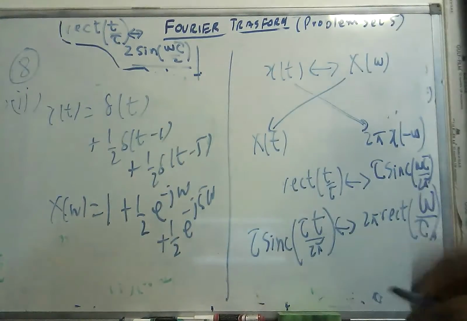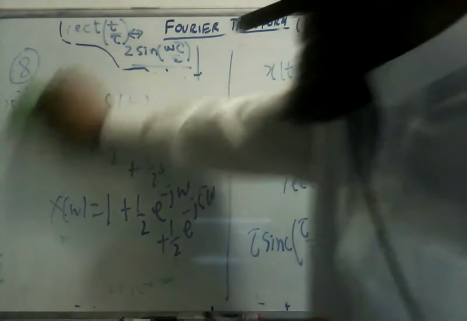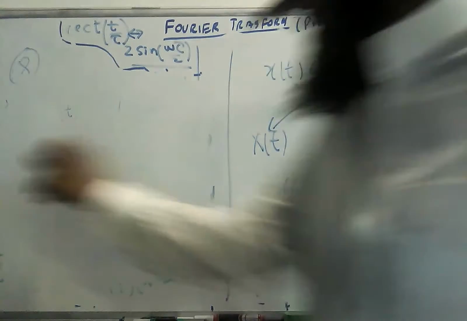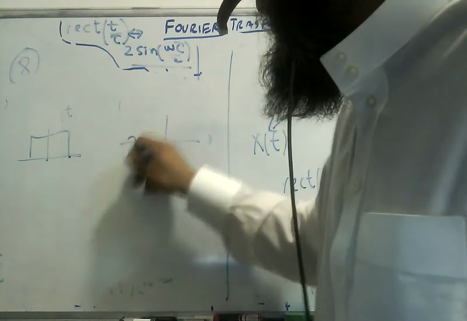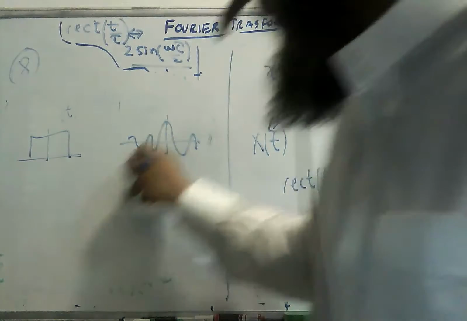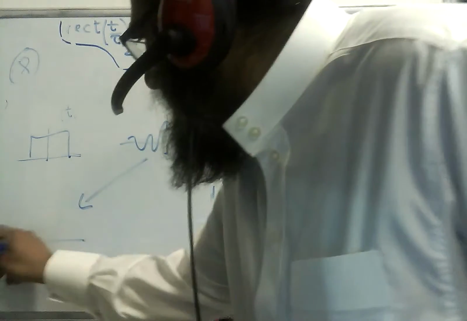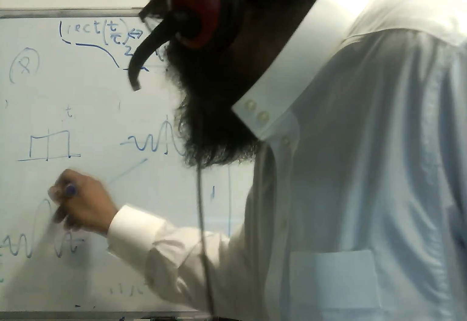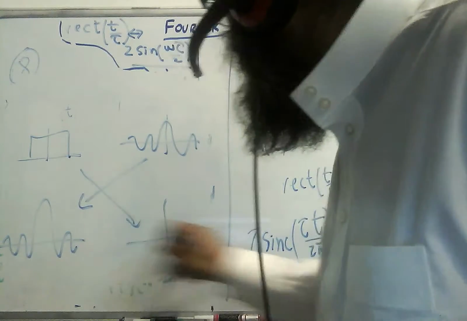So this is the property. In other words, it means that the Fourier transform of a rectangular pulse is sinc, and the Fourier transform of sinc is the rectangular pulse in time.